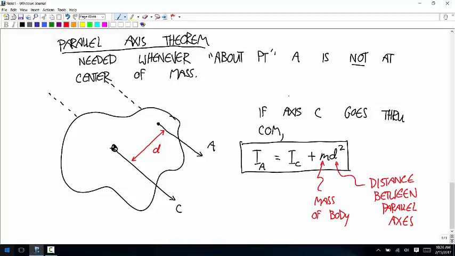Okay, that says something about where you always, in every case, find the smallest possible value for the moment of inertia.